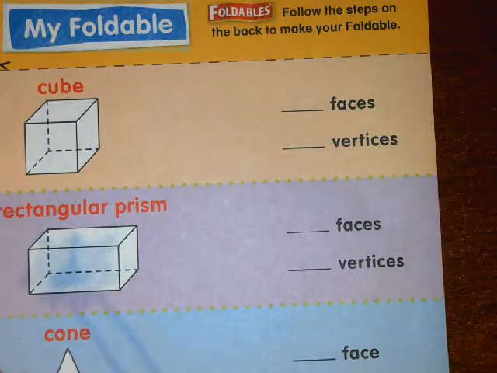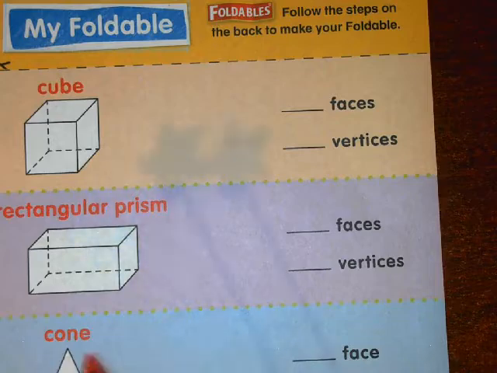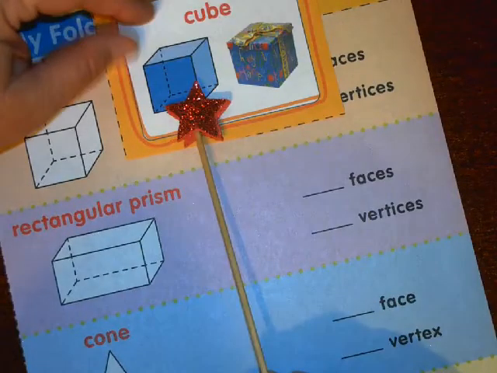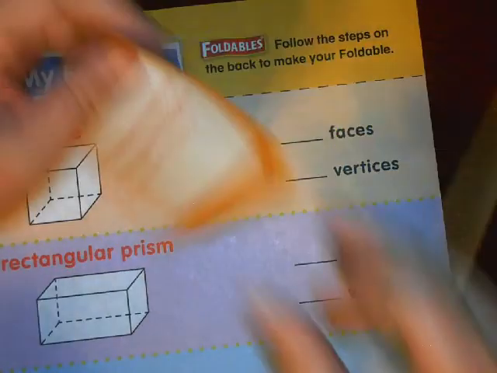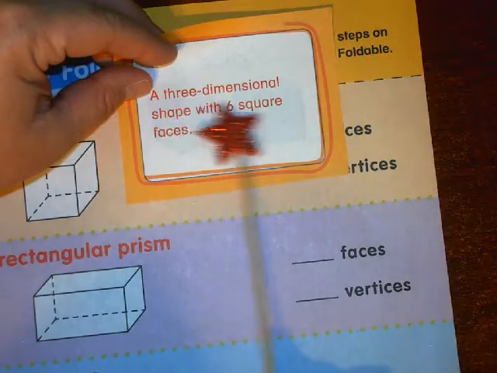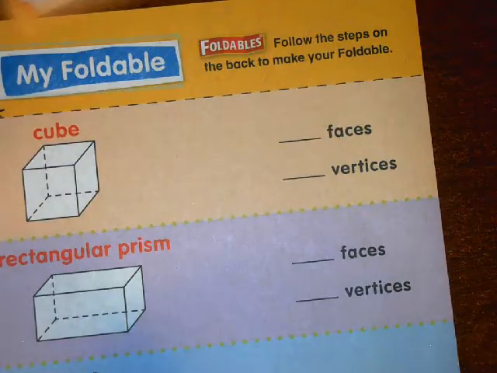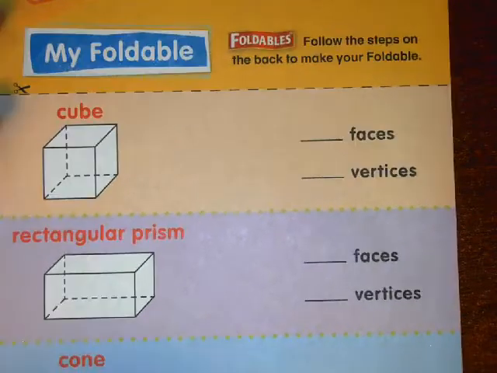Remember on our card, our cube card, it actually shows us. Okay, so here's our cube card. Let's see what's on the back. A three-dimensional shape with 6 square faces. Okay, so it tells us it has 6 faces.